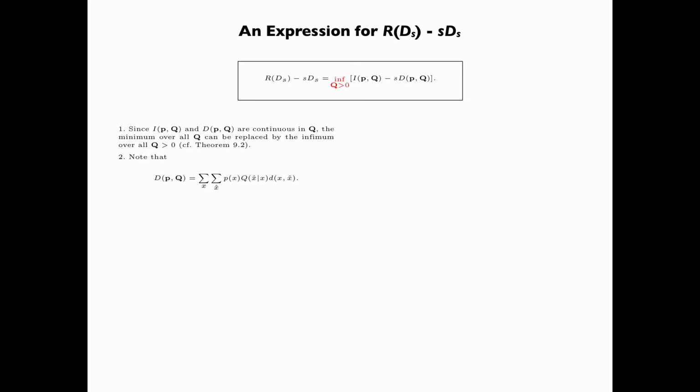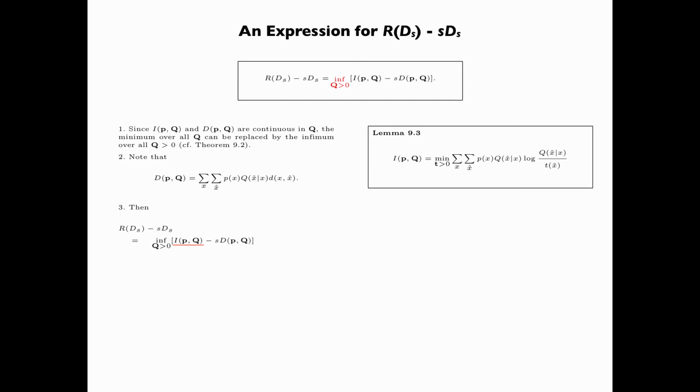Note that D(P, Q), the expected distortion between X and X hat induced by P and Q, is equal to the summation over x, x hat of P(x) Q(x hat|x) d(x, x hat). Then R(D_s) minus sD_s is equal to the infimum of I(P, Q) minus sD(P, Q) over all Q strictly positive, where I(P, Q) by Lemma 9.3 is equal to the minimum of a double summation, and D(P, Q) from step 2 is equal to this double summation.